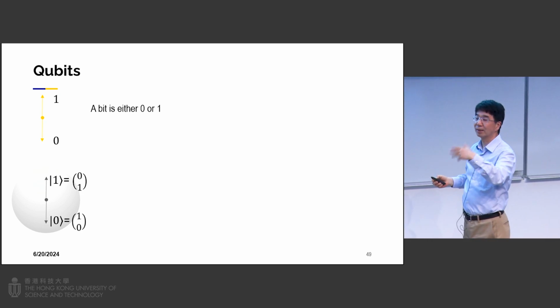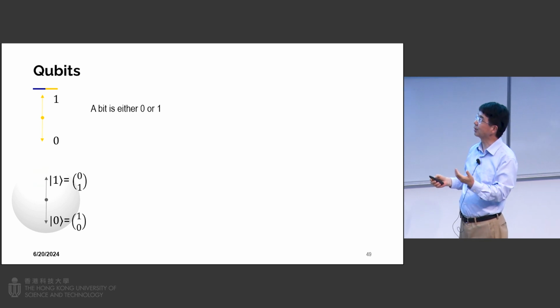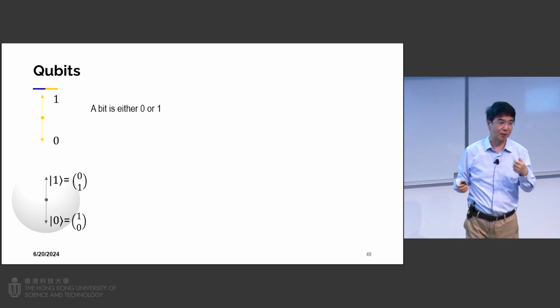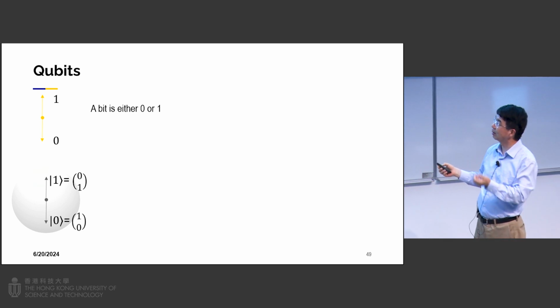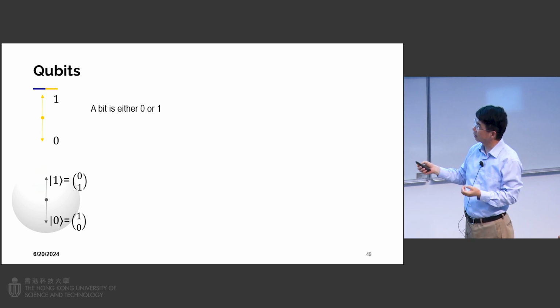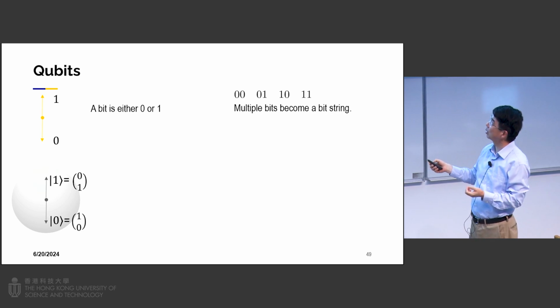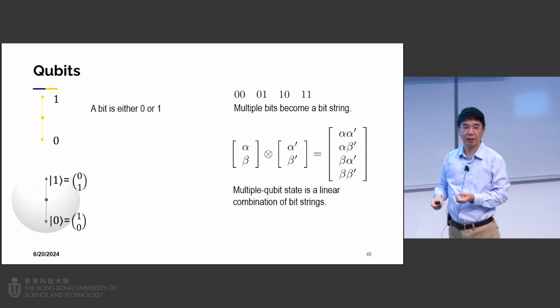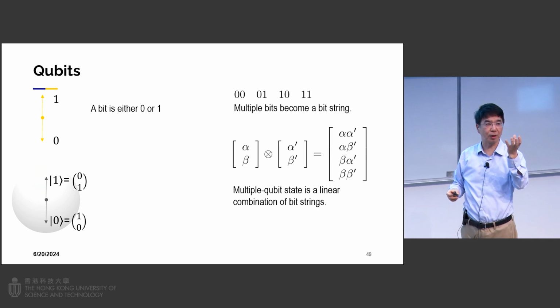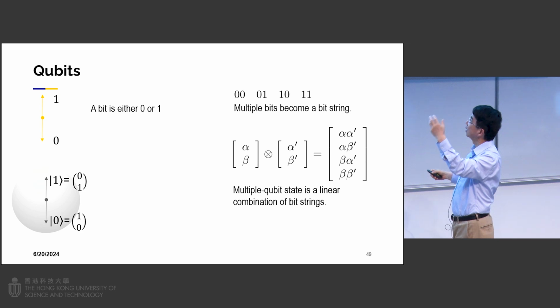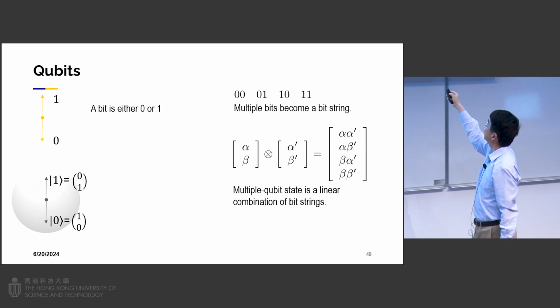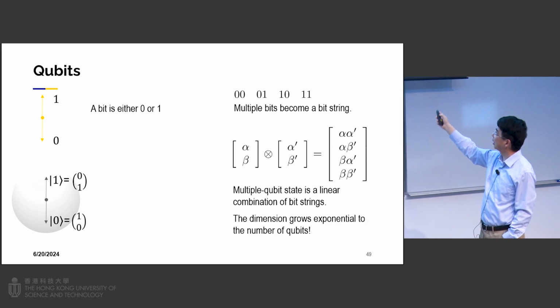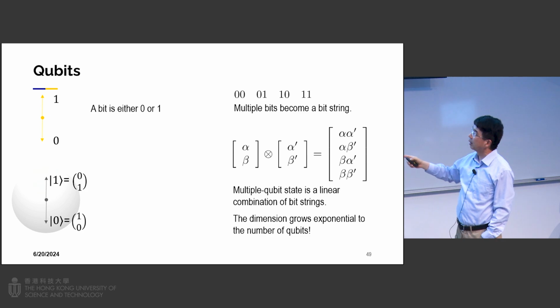We all know that computer science and electrical engineering students deal with binary numbers, 0 and 1. Quantum systems also have a 0 state and a 1 state, but more importantly, they have something called superposition. A qubit can be in a linear combination of 0 and 1.